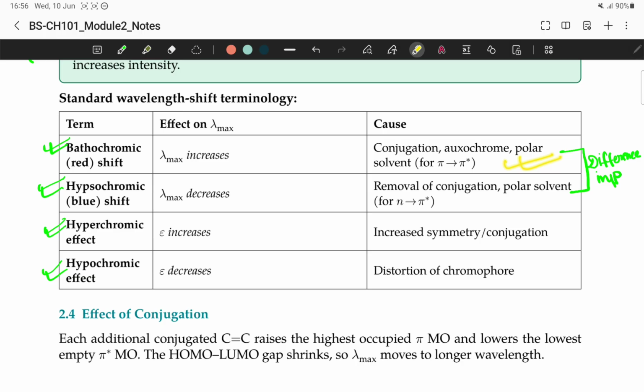This is the cause. And in hypsochromic, or blue shift, lambda max decreases to shorter wavelength, which means higher energy, and happens when conjugation is disrupted.